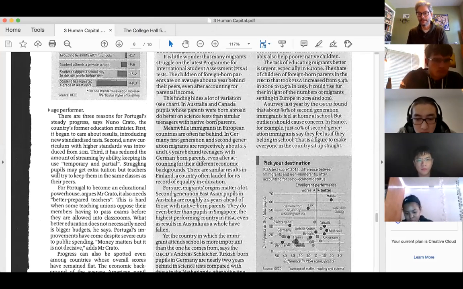Not surprisingly, it's the country they migrated to that was more important than the country they migrated from. Why? Because in almost every case, migrants were moving to countries with better education than worse education.